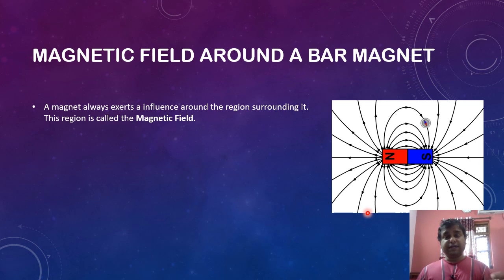How strong it gets from a particular distance depends on the strength of the magnet. If it is a very powerful magnet, then from a big distance the object, let's say in this case a pin, will get attracted.